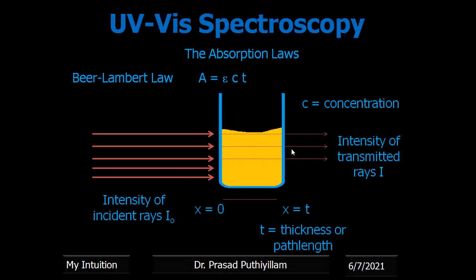Therefore the number of photons coming out from the sample holder, the intensity of transmitted rays, is represented as I. That means the incident intensity of the ray is I0, and after the absorption, whatever remains is I. Now here, if I divide this distance into different fractions, from here to here the length is t.